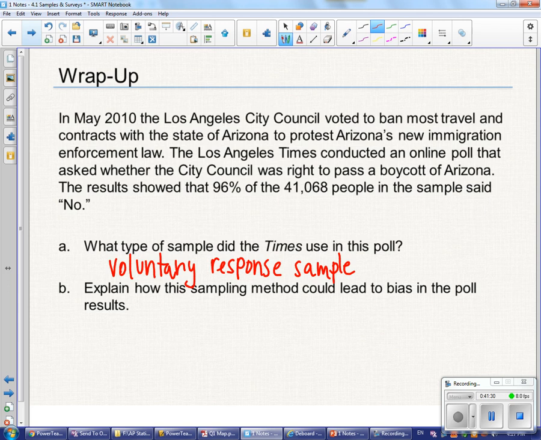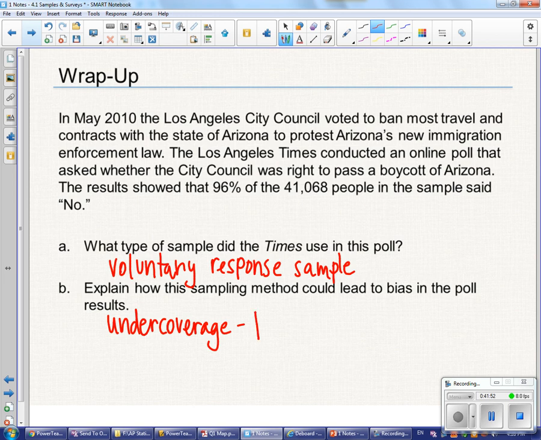And in part B, it says explain how the sampling method could lead to bias in the poll results. Well, first of all, we're going to have undercoverage. Remember, that was another type of bias. If you think about it, if this is the Los Angeles Times conducting an online poll, I'm assuming they're doing it on their own website.